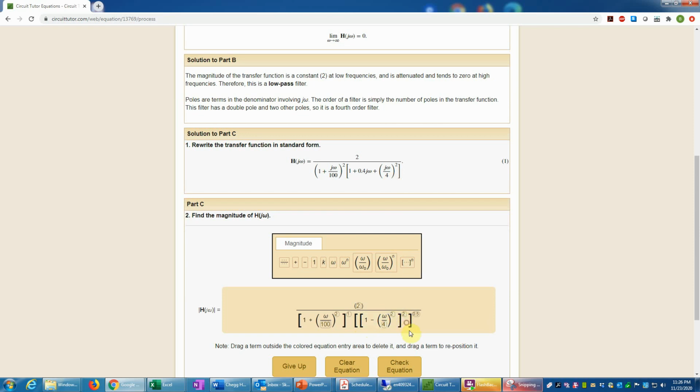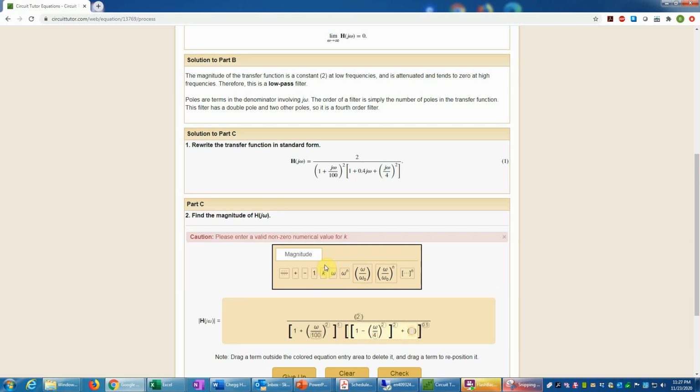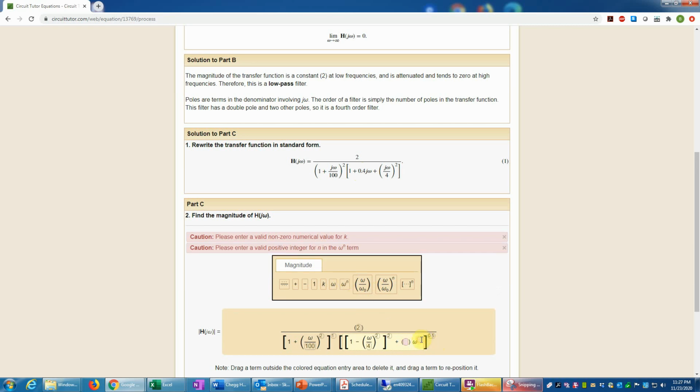And then out here I have to put the plus the imaginary part squared. The imaginary part is the part that multiplies j, so that's going to be 0.4 times omega, and we need to square that. There are a couple of different ways we could do that. I guess we could put a constant and then put omega squared.